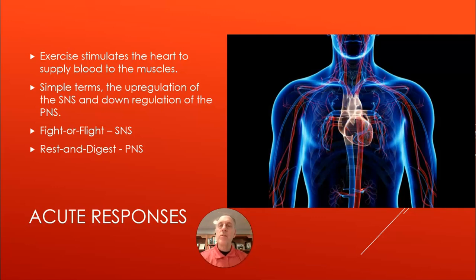So exercise stimulates the heart to supply blood to the muscles. We see this on the sympathetic side of the equation, where the fight or flight response by the SNS picks up the fact that we're doing a workout, and that workout itself increases the fight or flight response. So it upregulates the SNS and it downregulates the PNS, the parasympathetic nervous system.